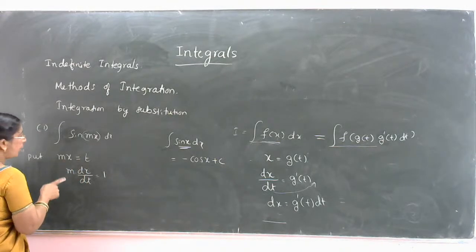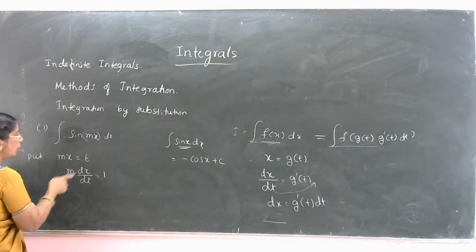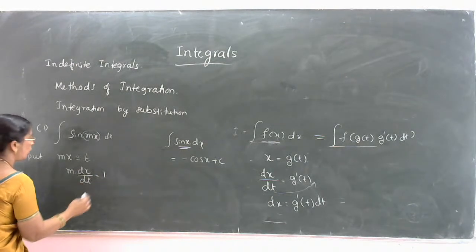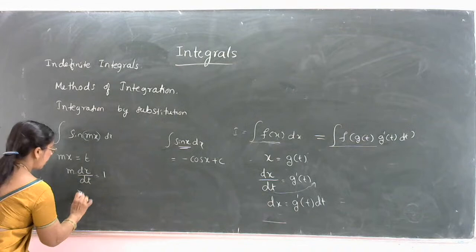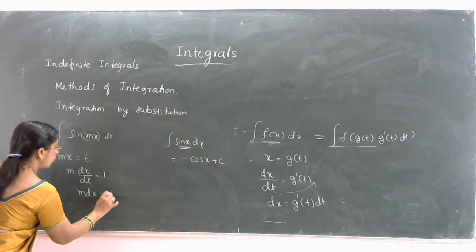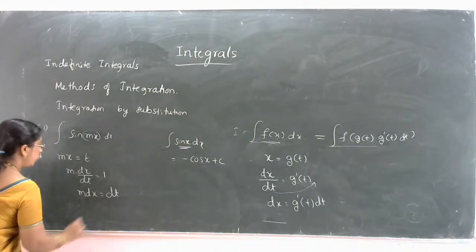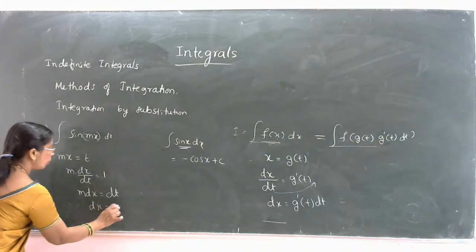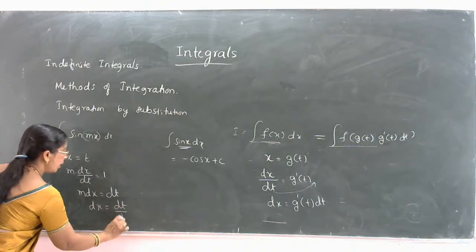Therefore, we get m into dx by dt is equal to 1. Therefore, m into dx is equal to dt. Then dx is equal to dt by m.